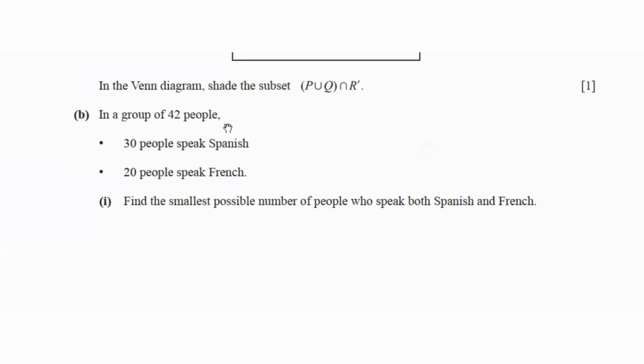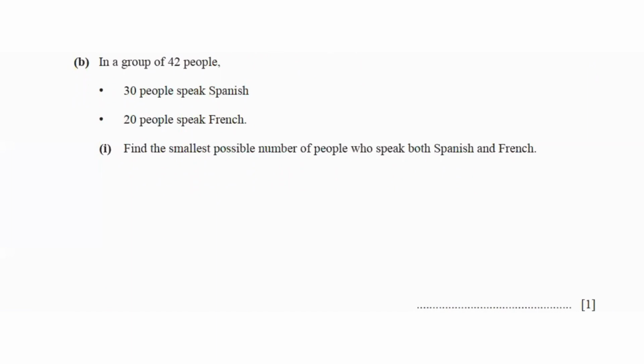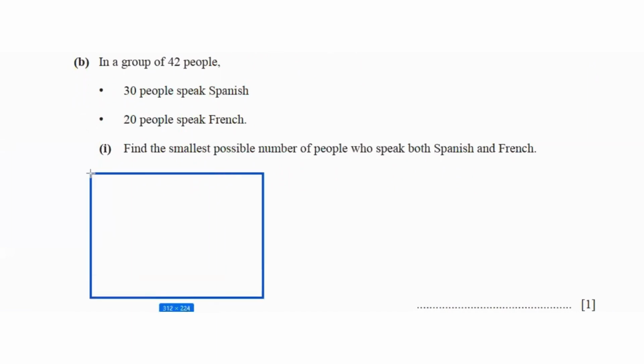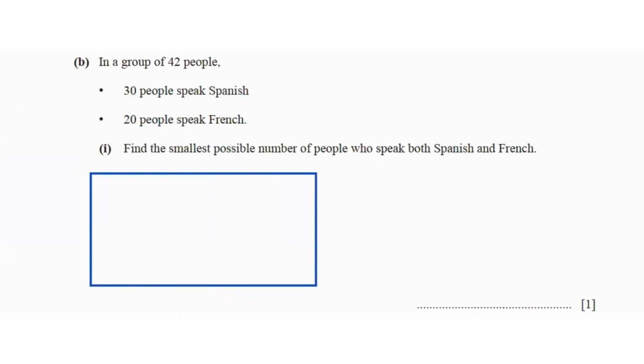In a group of 42 people, 30 people speak Spanish, 20 people speak French. Find the smallest possible number of people who speak both Spanish and French. Let's just draw the Venn diagram first.